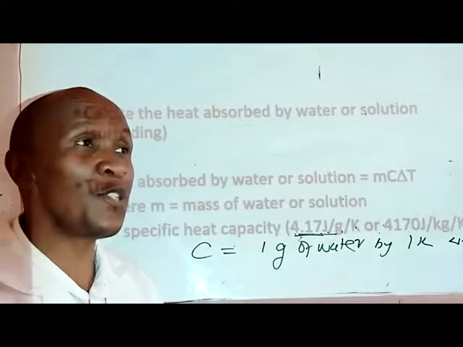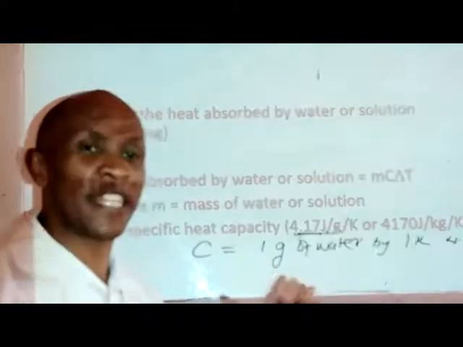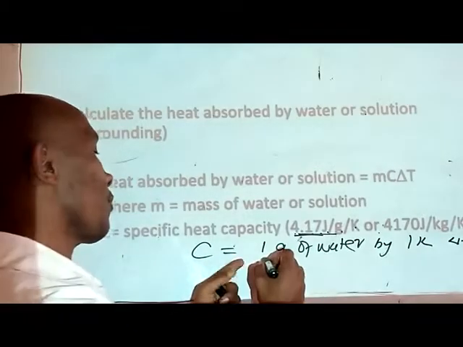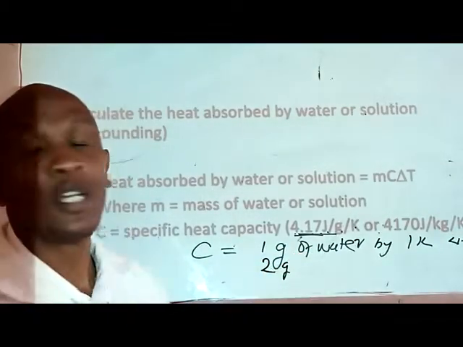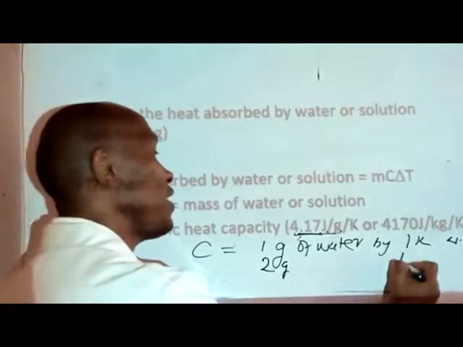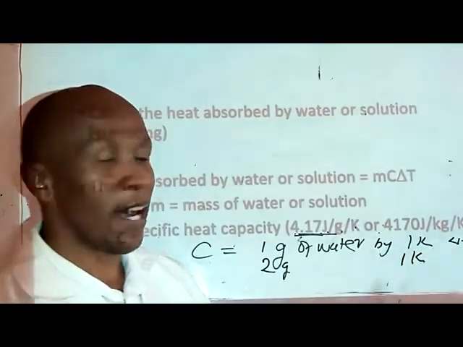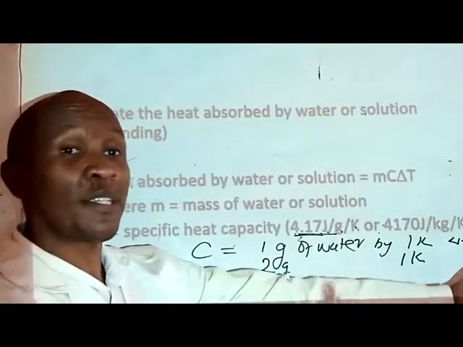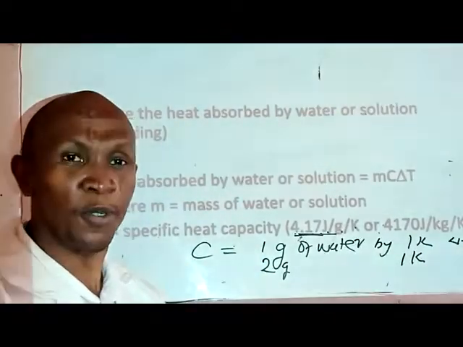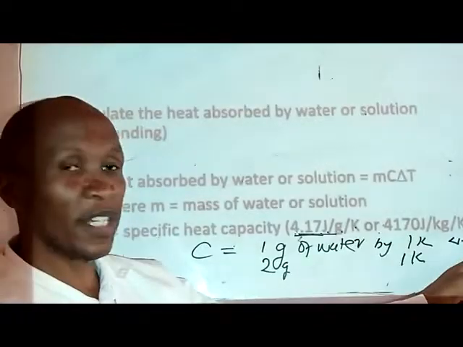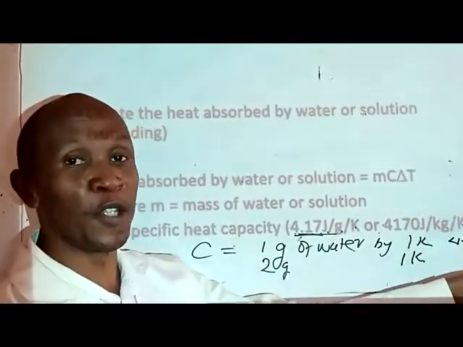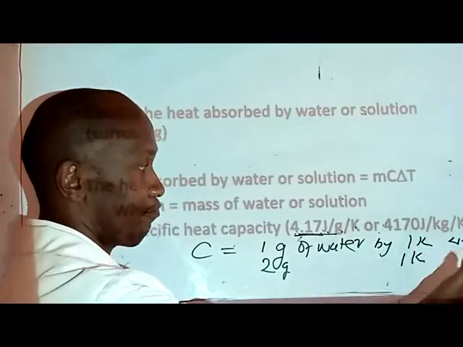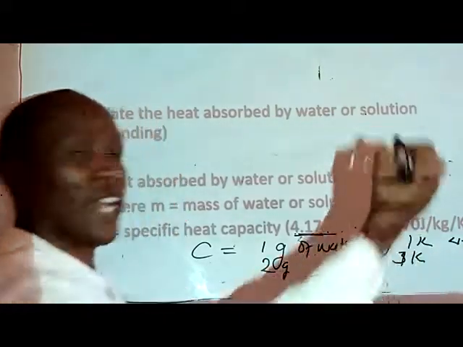Therefore it is easy to determine the amount of energy that is absorbed by the surrounding or by the water. Supposing the mass of water was 2 grams and you raised it by 1 Kelvin, how much energy will that be? Of course, it is simply 4.17 times 2. For 1 gram it is that, so for 2 grams it's going to be 2 times. Now supposing you are raising it by 3 Kelvin.